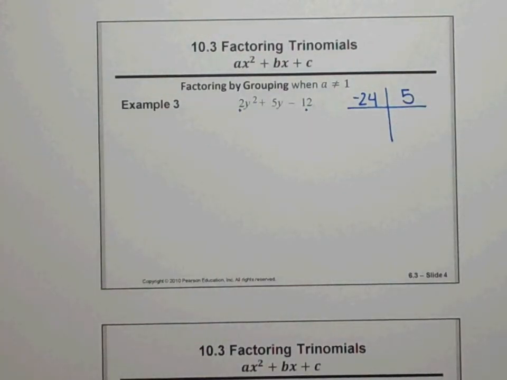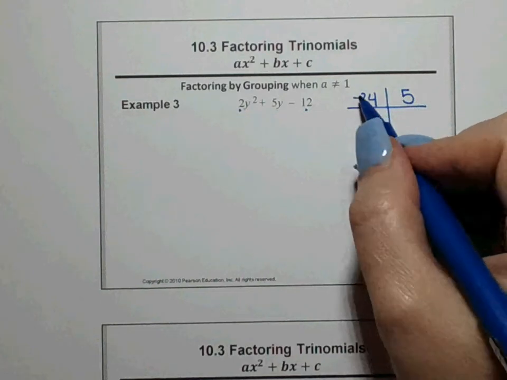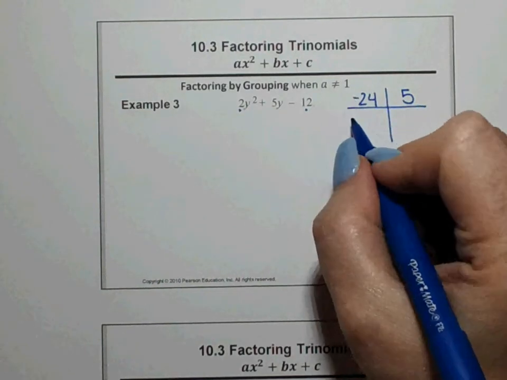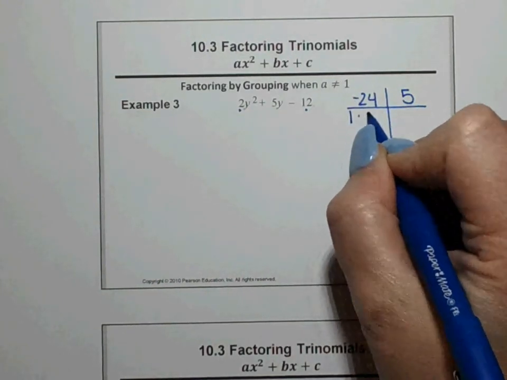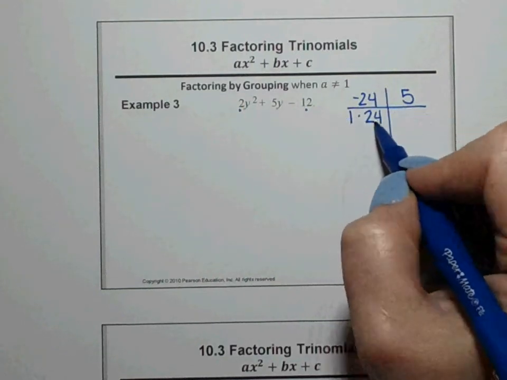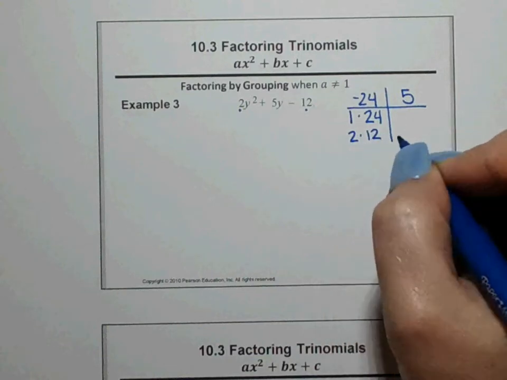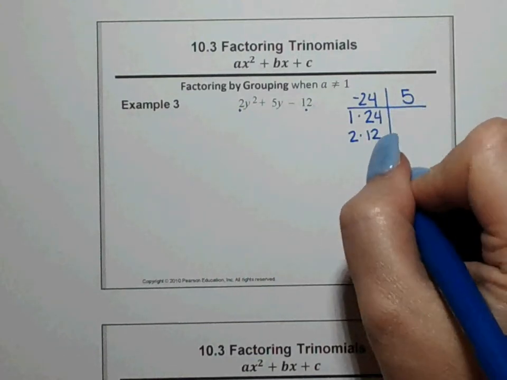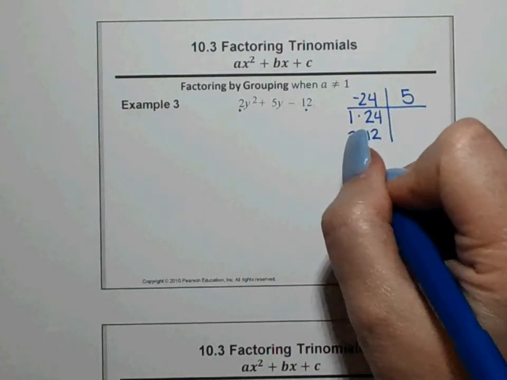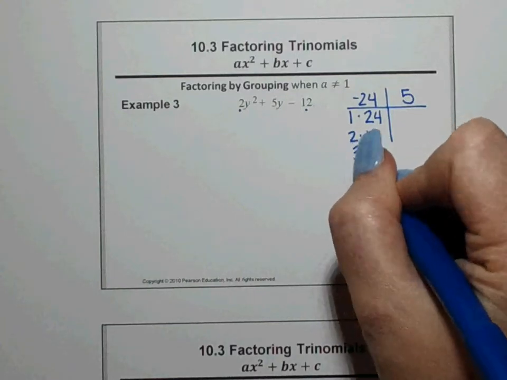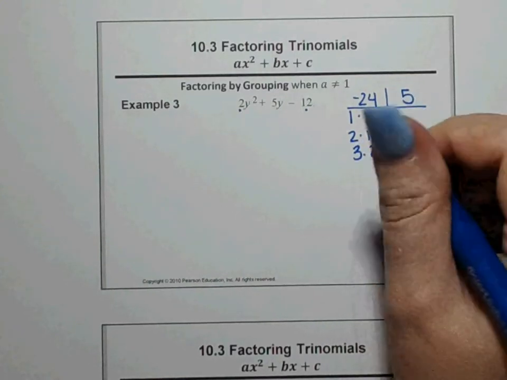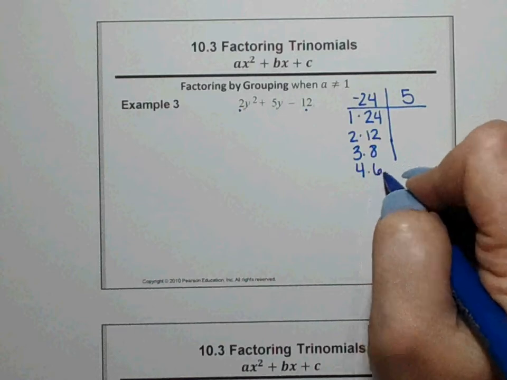Alright, so my factors of negative 24, I've got 1 times 24, and one of those obviously needs to be a negative. 2 and 12, let's see, 3 and 8, and 4 and 6.